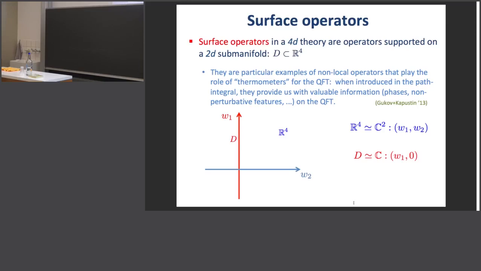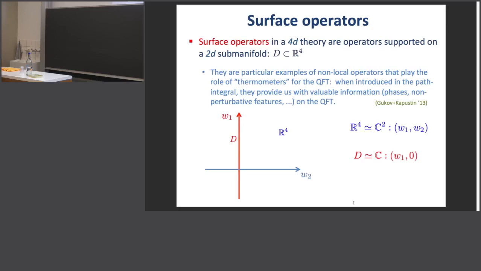So this is a picture of R4 in which the vertical red line represents the longitudinal plane along the defect, and the horizontal blue line represents the transverse plane. So in this transverse direction, the defect is clearly represented by a point.